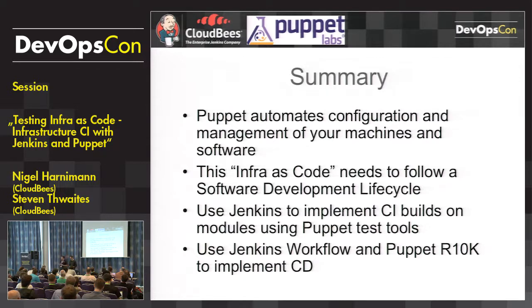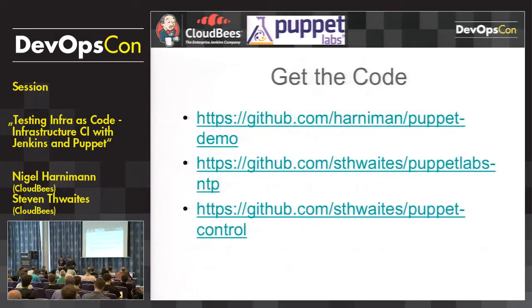But what we've shown here is that you can integrate that with the Puppet approach. You can sit Jenkins with Puppet and automatically test your Puppet code. And as you go a bit further and want to move towards deployment and delivery, you can extend Jenkins with workflow to sit on top of tools like Puppet R10K to make that a reality and implement CD.